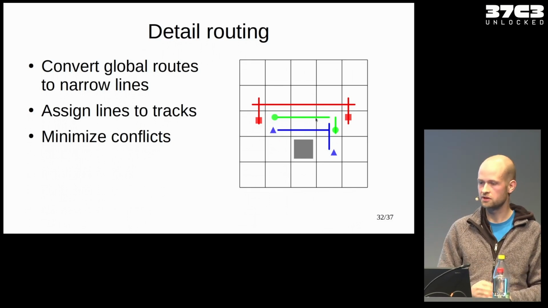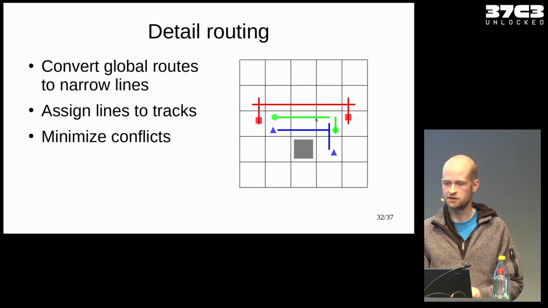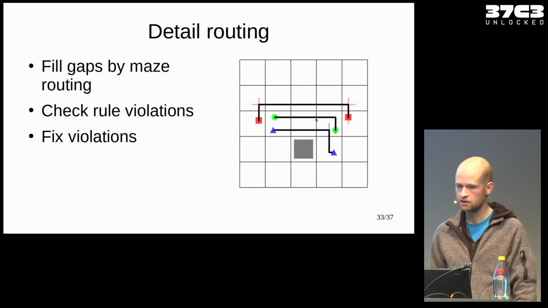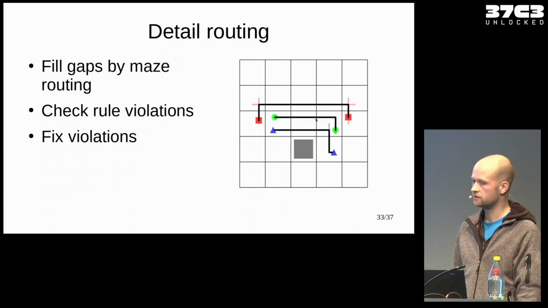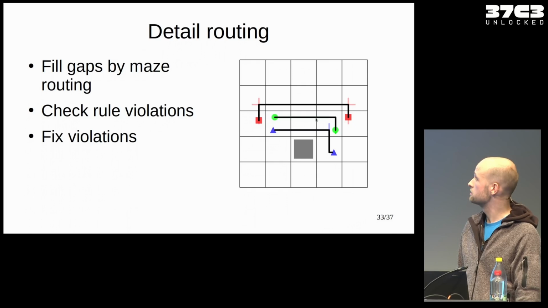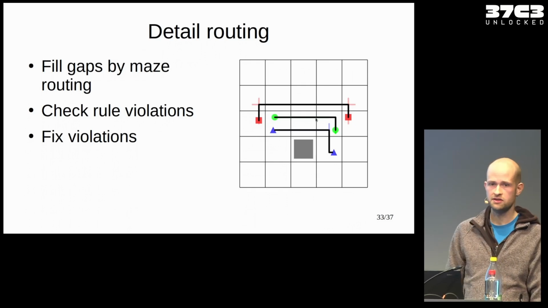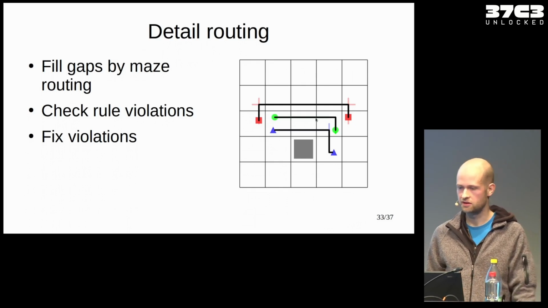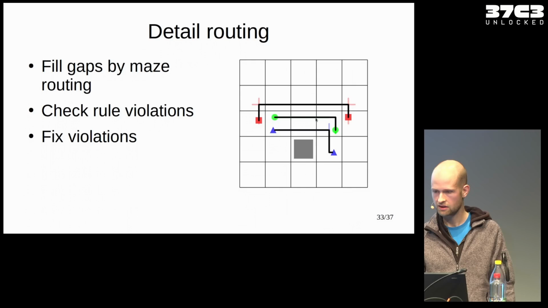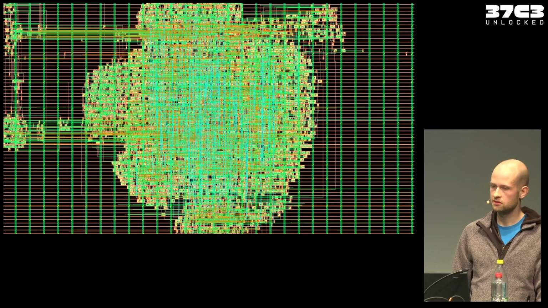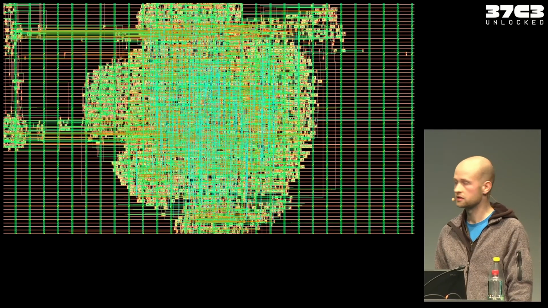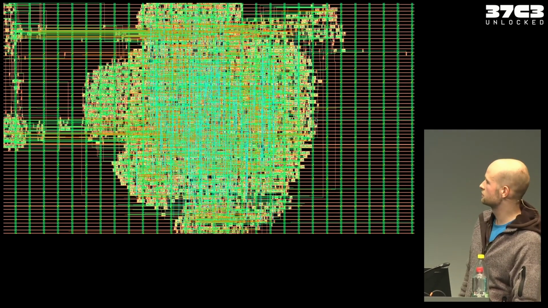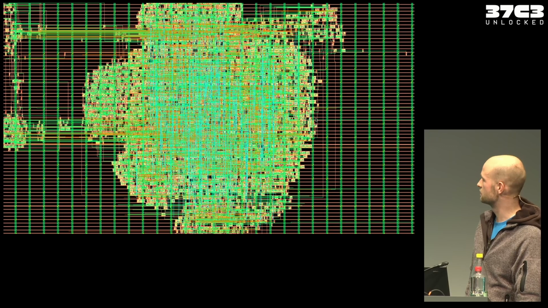So they really narrow down the path search, and you can fill the gaps using maze routing. And if you do this, you end up with final wires. Maybe you have to check for design rule violations. Maybe you somewhere got too close to other wires, and you may have to fix it. If you apply this to a bigger circuit, that's how it looks. You have already seen it. It's hard to really see through what happens there, but that's how it looks.